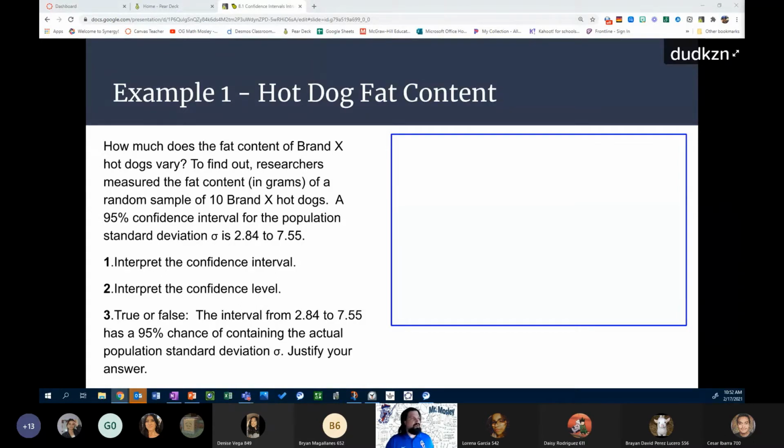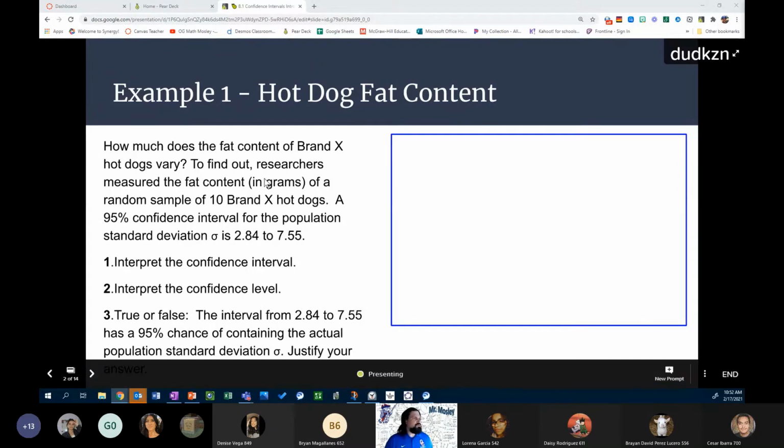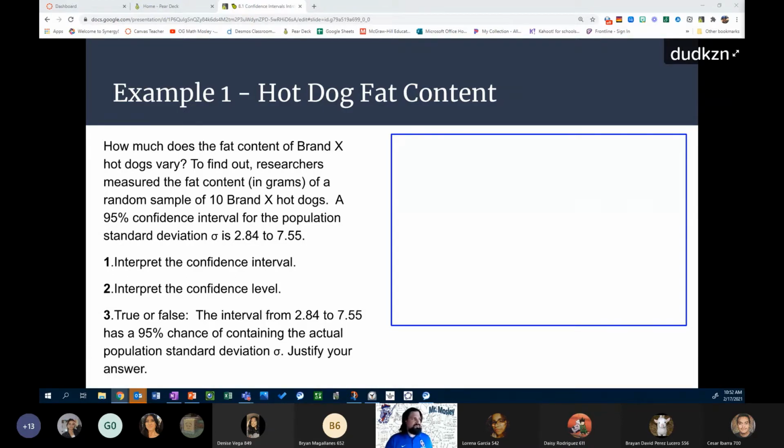There's no part of the Pear Deck for you to type into here. To find out, researchers measured the fat content in grams of a random sample of 10 brand X hot dogs. A 95% confidence interval for the population standard deviation is 2.84 to 7.55.